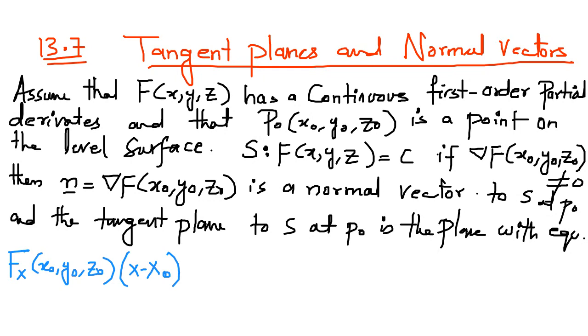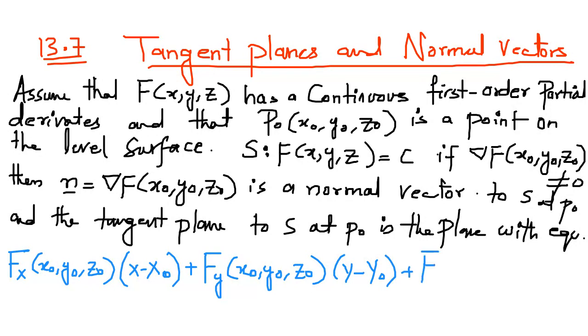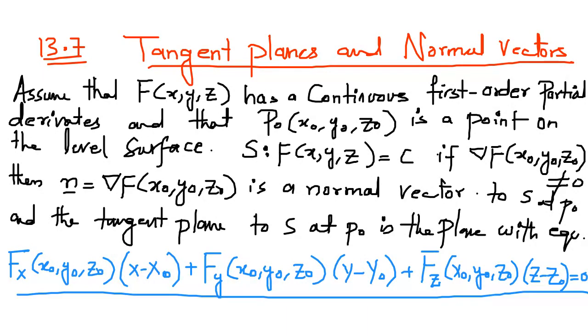Similarly, plus the partial derivative with respect to y at point x naught, y naught, and z naught, times y minus y naught, plus the partial derivative with respect to z at point x naught, y naught, and z naught, times z minus z naught, equal to 0. So this equation is called the equation of a tangent plane.